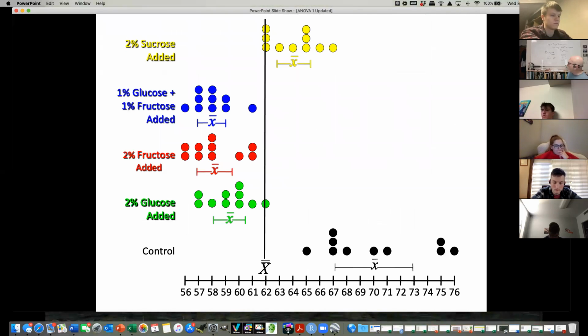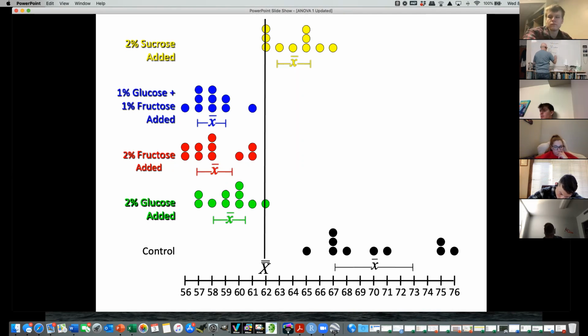Now, if you add together the sum squares among and the sum squares within, that should equal the sum squares total.